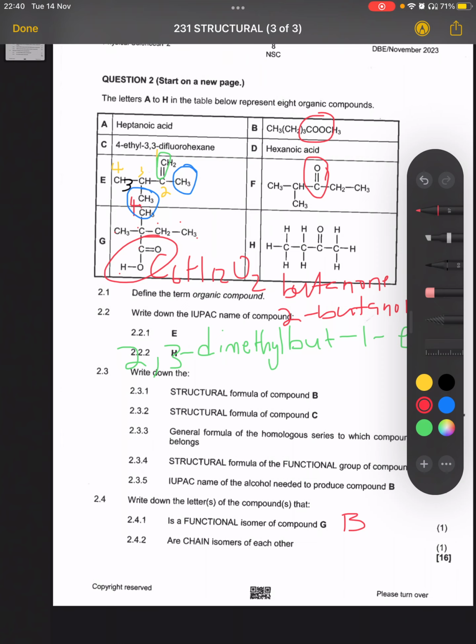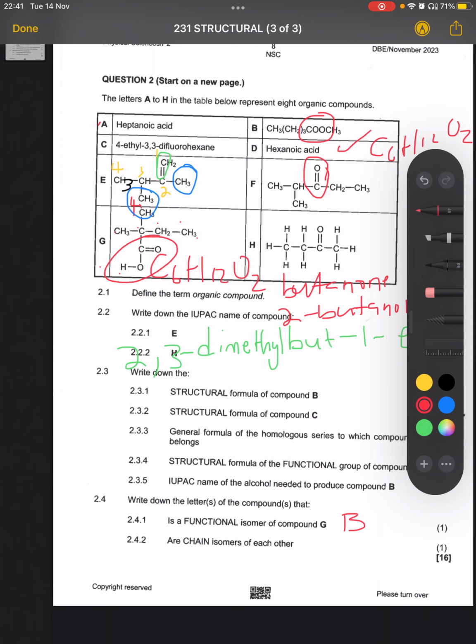If we look at the carboxylic acids, we have A, D, and G. And in G, you can definitely see that we have 6 carbons. And in D, we already have 6, because it's hexanoic acid. So definitely it would be C6H12O2. So these two are isomers of each other.